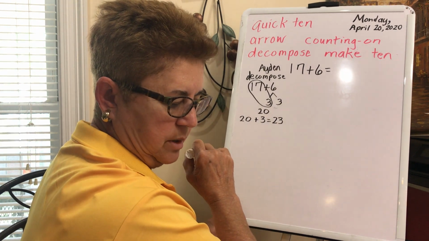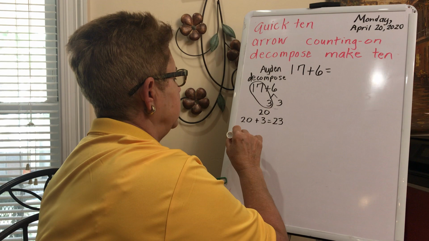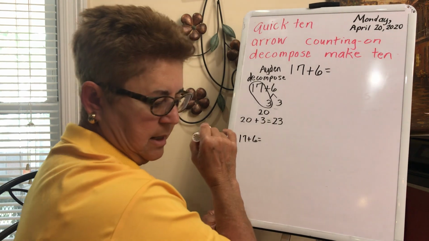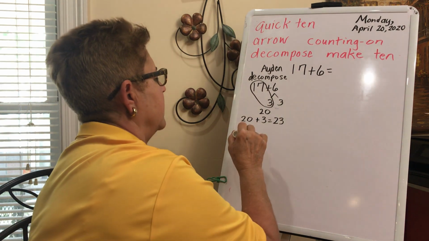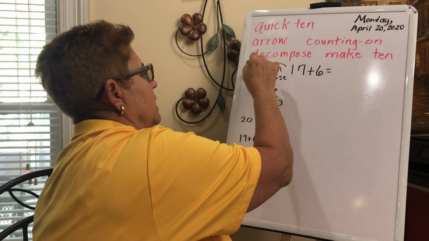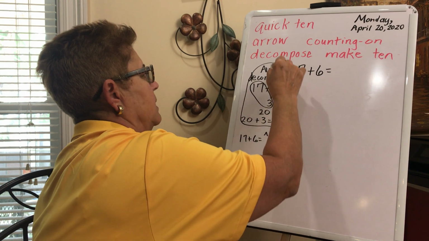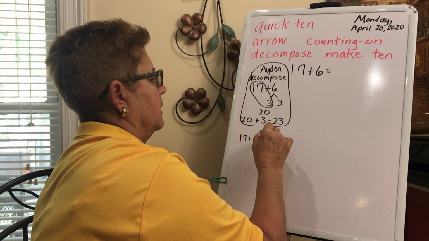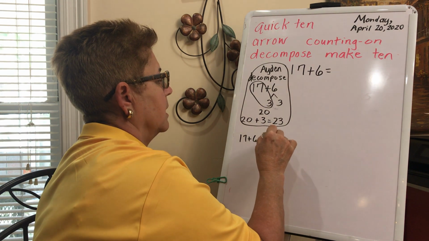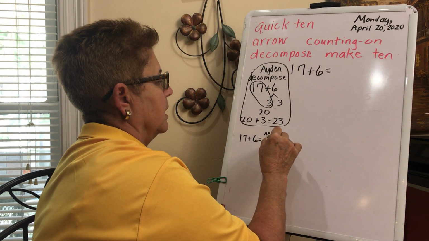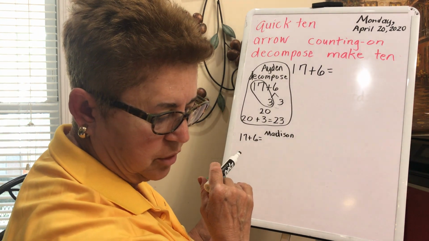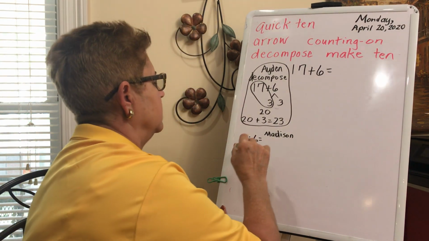Okay, the next one, 17 plus 6. And let's see, Madison decided she was going to do that one. So I'm going to draw a ring around Aiden's problem. And Madison decided that she was going to use counting on.